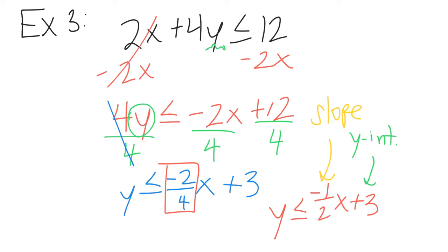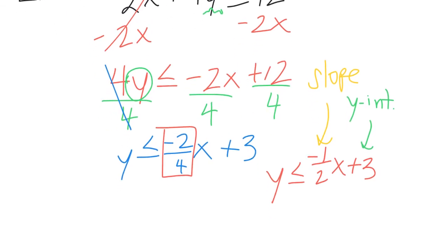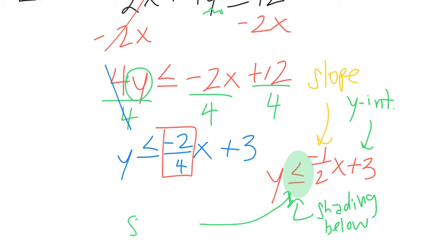And if you remember from yesterday, whenever I have this symbol here, since it's less than, I'm shading under or shading below the line. And then, because it has the or equal to, it's going to be a solid line.